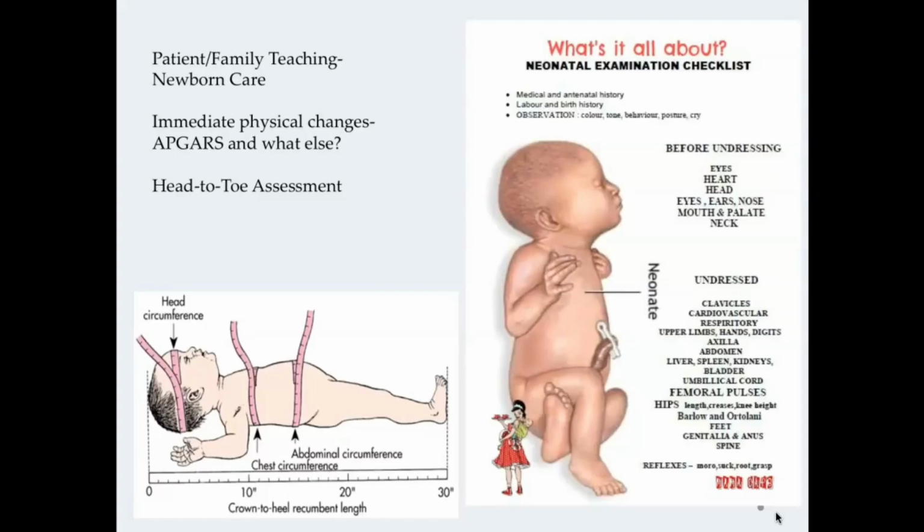So you want to be aware of risks to the newborn that may have occurred during any of these stages so that you can monitor for changes. It will help guide your assessment and continue to monitor for anything abnormal that may occur.